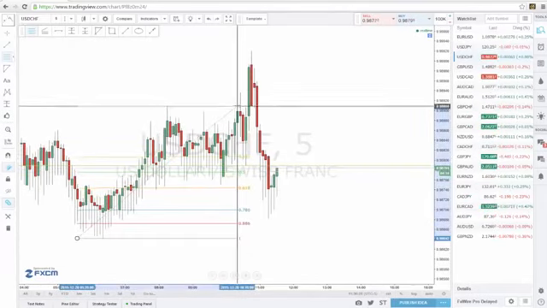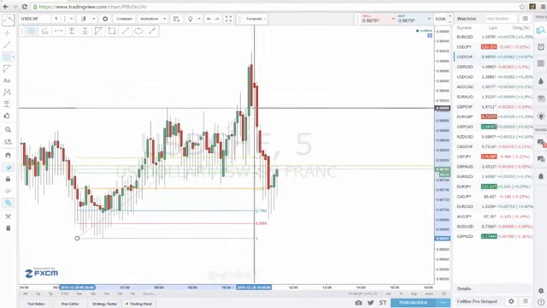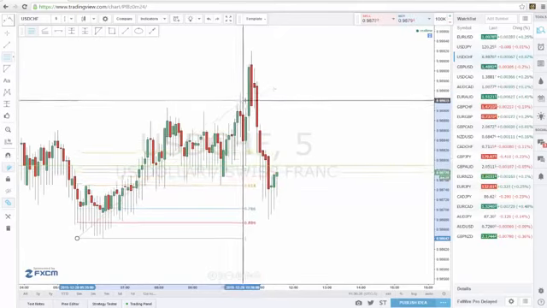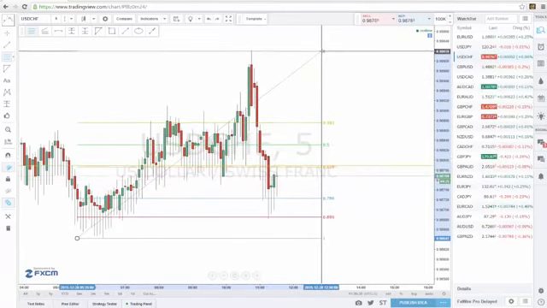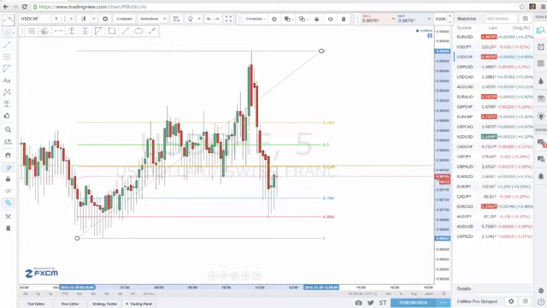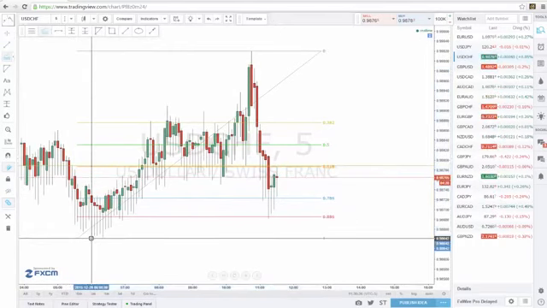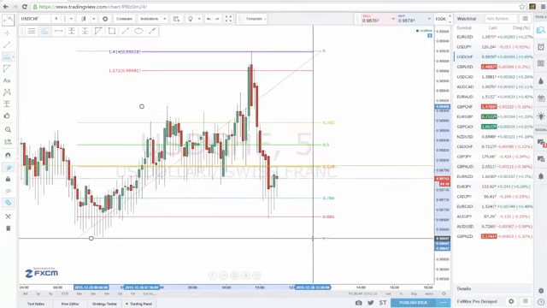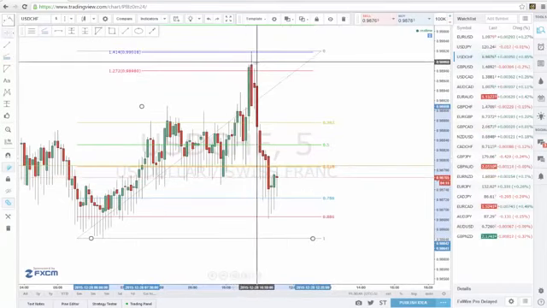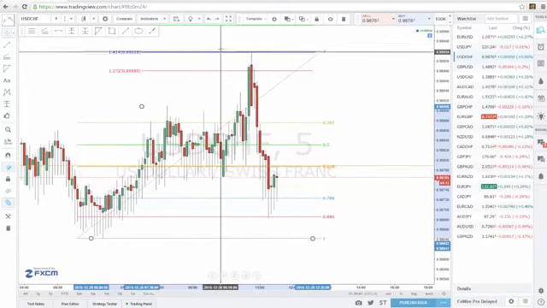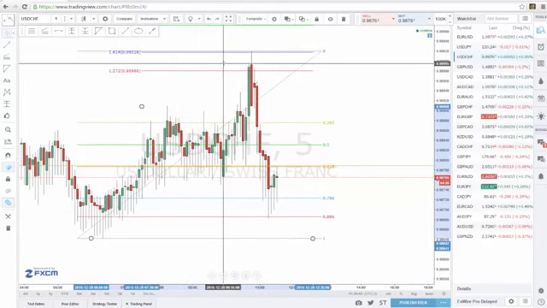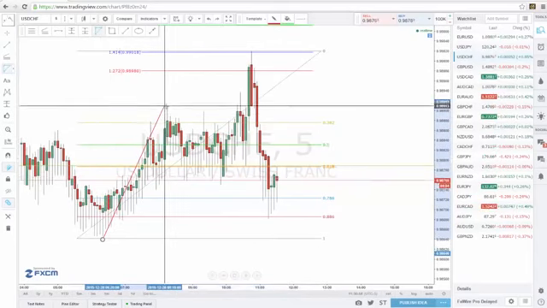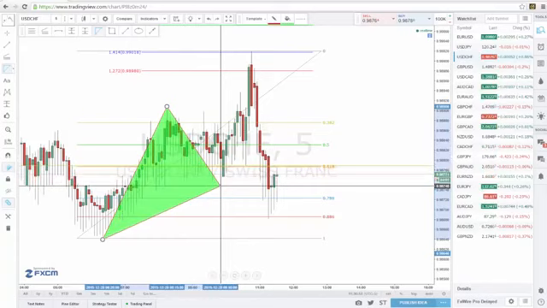From X to A is a 382 retracement without closing below 618, and then after that we need a 127 extension from X to A. So we take our extension tool, X to A, back down in, and as we see, this does break above the 127 extension without closing above the 1414 extension. So take our triangle tool, and this is what this cipher pattern looks like.